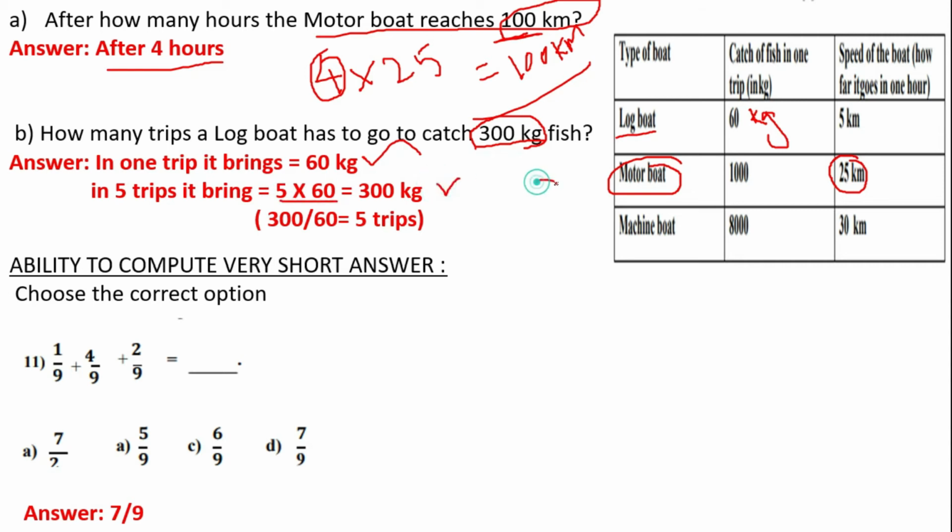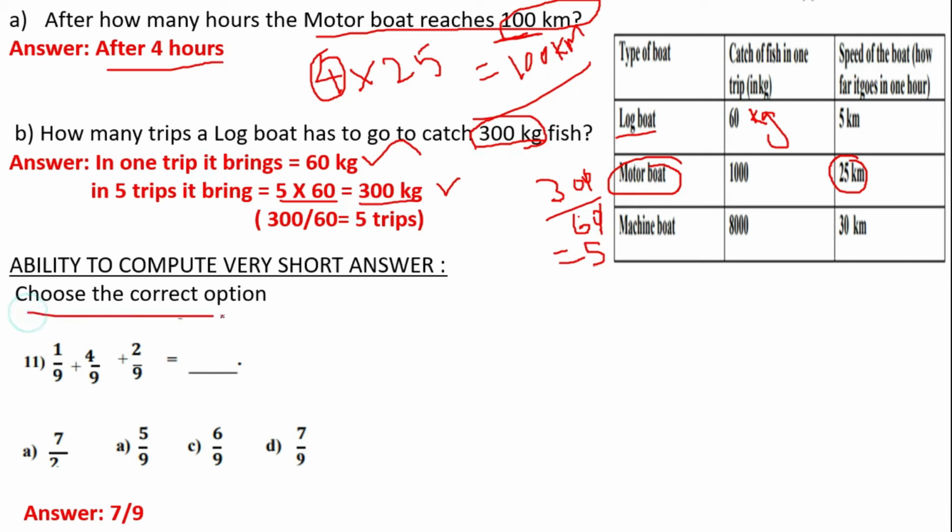That is 300 divided by 60. Cut the zeros, 30 divided by 6. The answer is 5. So 5 trips it will bring 300 kilogram of fish.